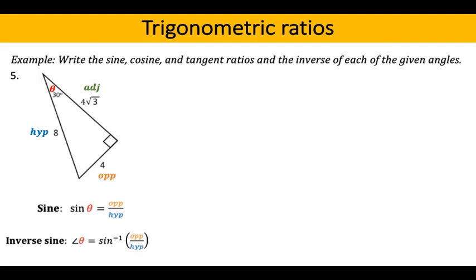For sine, we would need opposite over hypotenuse, SOH. So sine of 30, sine of our theta angle, equals the opposite side is 4, and the hypotenuse is 8. For our inverse, we do our angle theta equals inverse sine of that same ratio, 4 over 8.